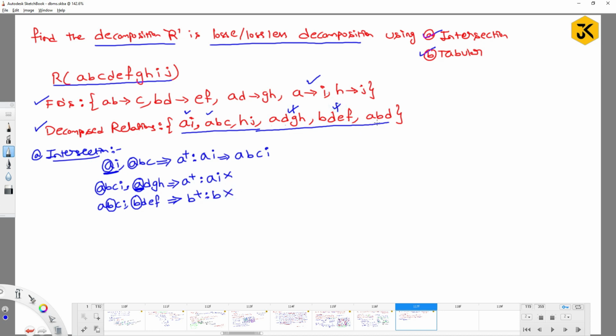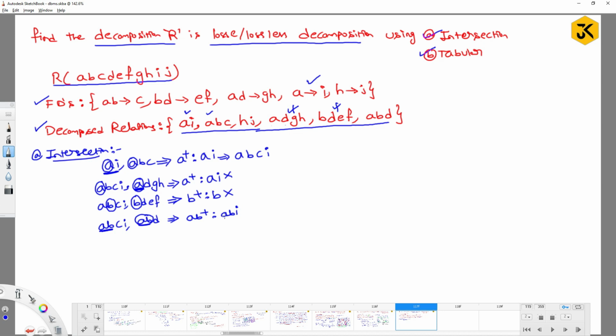Now take ABCI with ABD. The common columns are the collection of two attributes, AB. Now find AB closure. AB closure is AB.